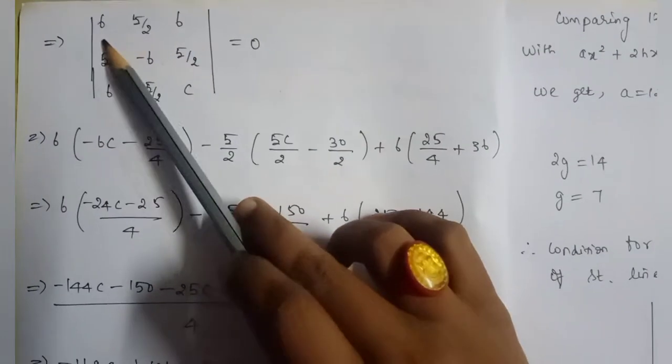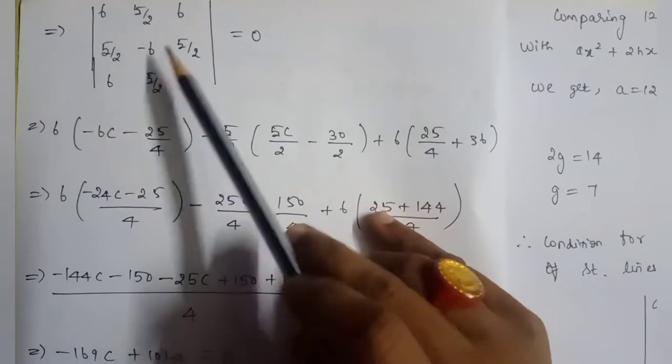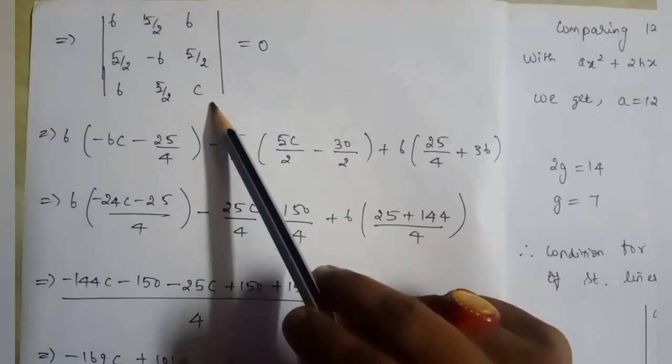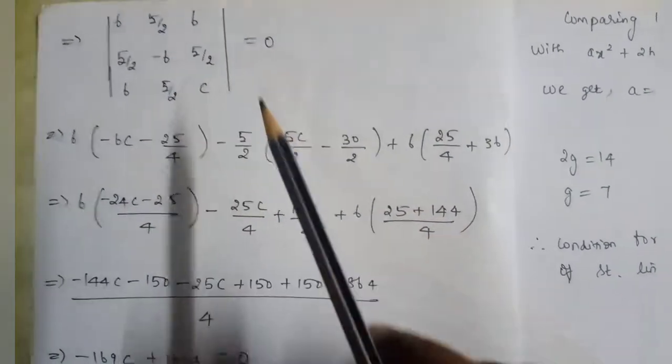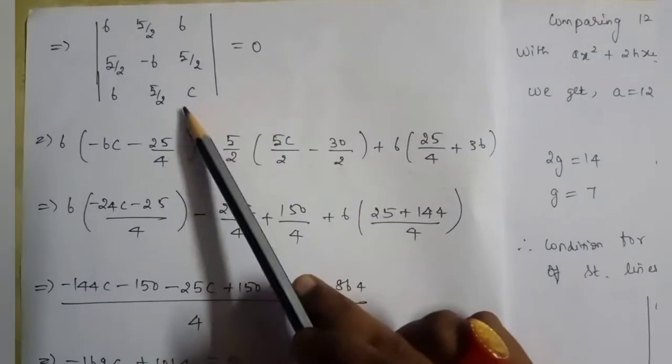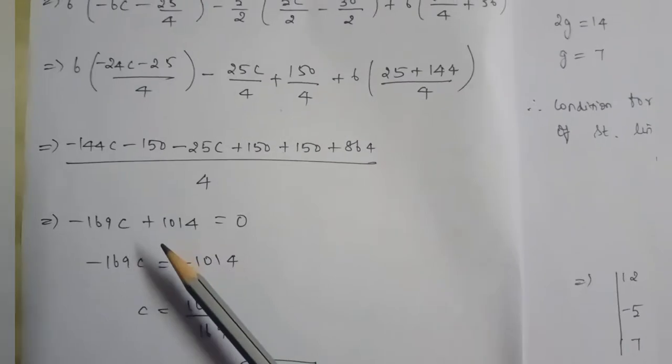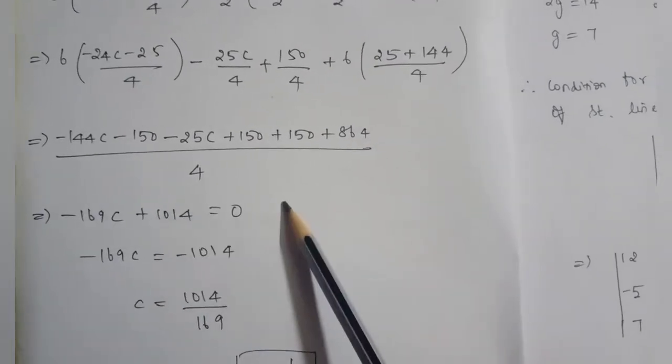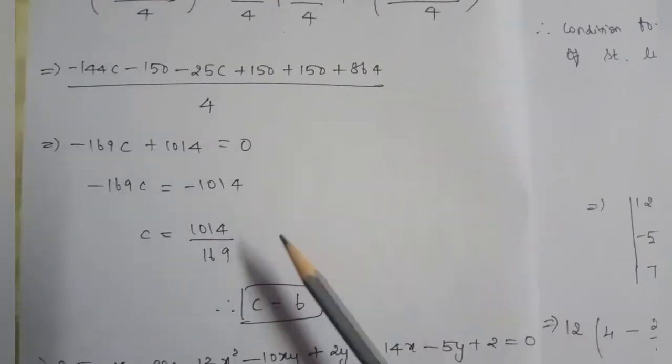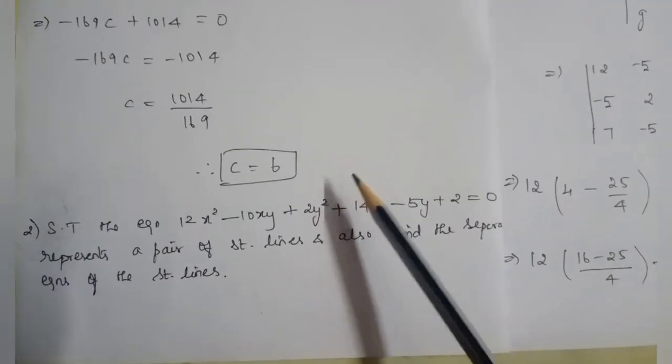So substitute the values now: 6, 5/2, 6; 5/2, -6, 5/2; 6, 5/2, c. It should be equal to 0. So from this we will find the value of the unknown. Finding the determinant value, I am getting -169c + 1014 = 0. So c = 1014 divided by 169, and c takes the value 6.